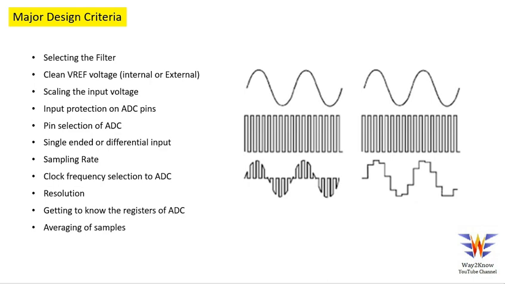Designers don't want to convert single to differential and add a lot of circuitry. So if you have a differential input from the sensors itself or from the external interfaces you are connecting, differential input needs to be selected. By default, all the microcontrollers will be single-ended. You have to configure it for differential.